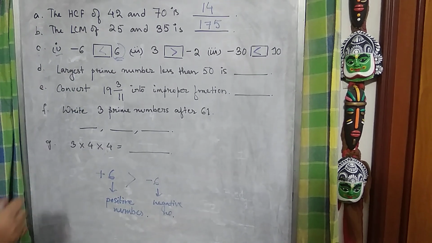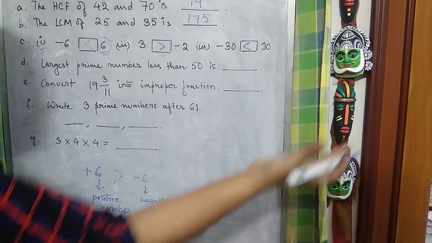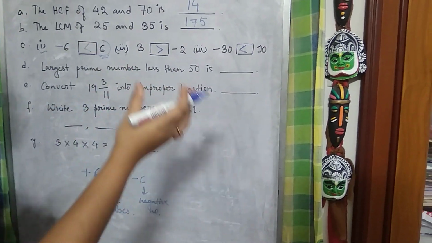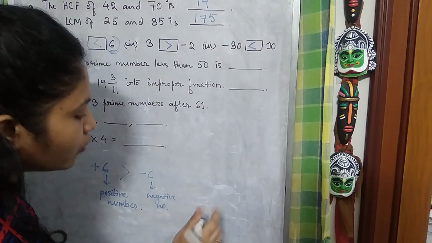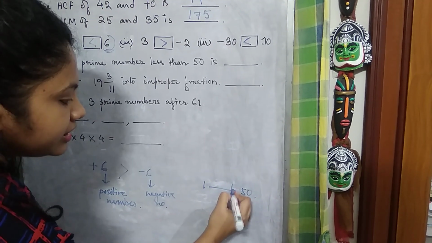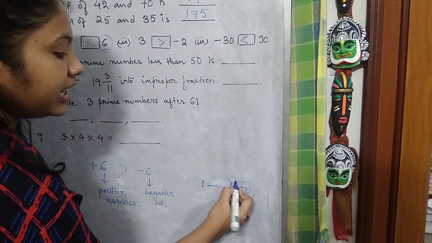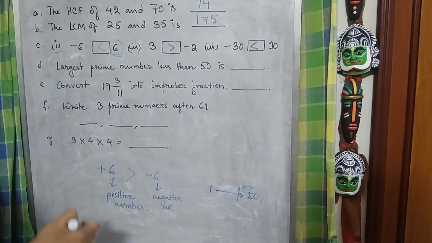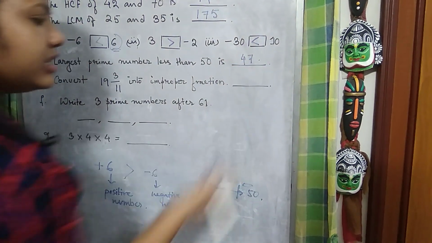Now in D, it says: the largest prime number less than 50 is what? So the largest prime number less than 50, when we count from 1 to 50, what will that be? That is 47. Why 47?